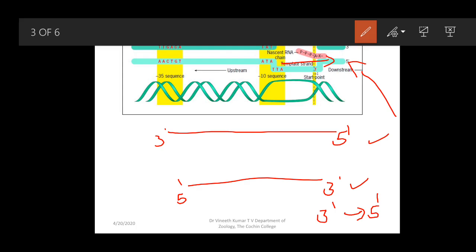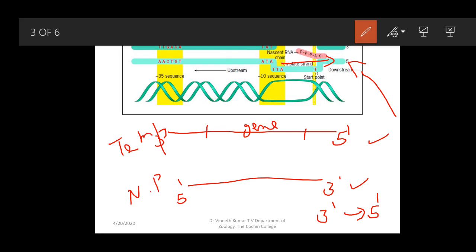Here the particular DNA strand from which the mRNA is synthesized is called the template strand, and the complementary strand is called the non-template strand. So in this case, if I take this as our gene which is going to be transcribed, this particular strand is called the template and this one is the non-template strand.